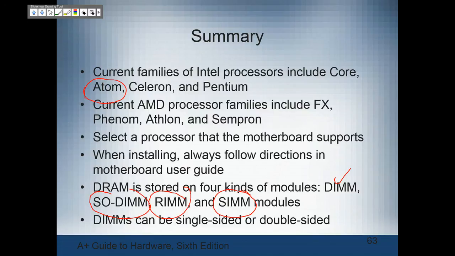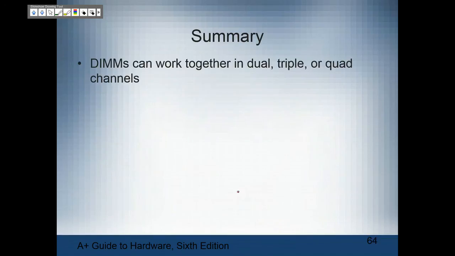Story about DIMMs, we one time got some double-sided DIMMs, and when we put them in, we got like half the memory because we go back to the motherboard up here where it says select something that it supports. It didn't support double-sided DIMMs. It only supported single-sided DIMMs.